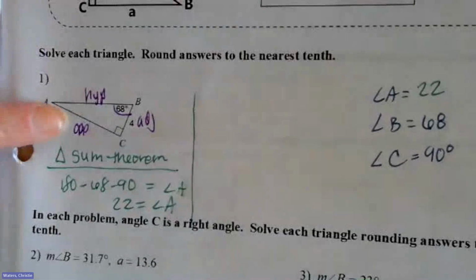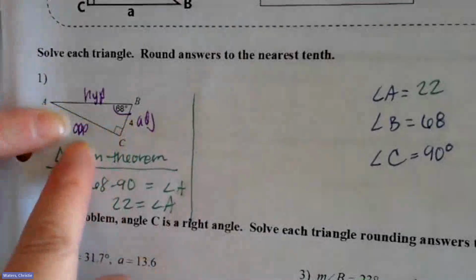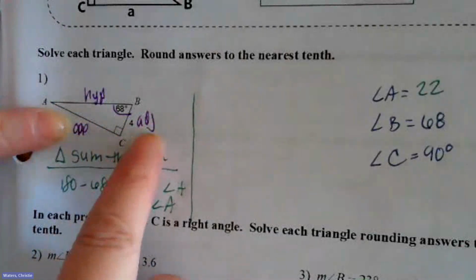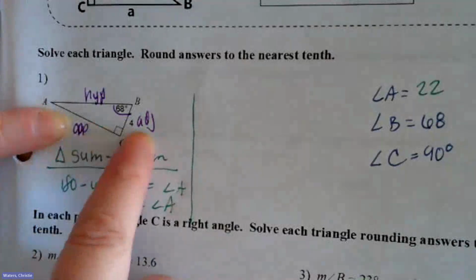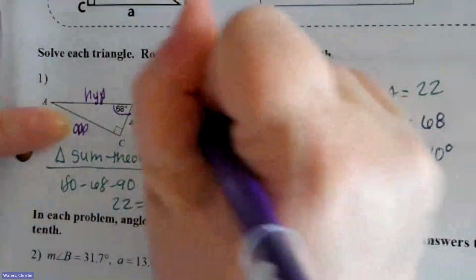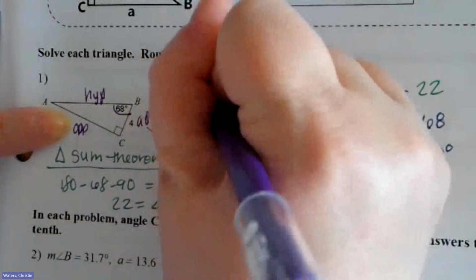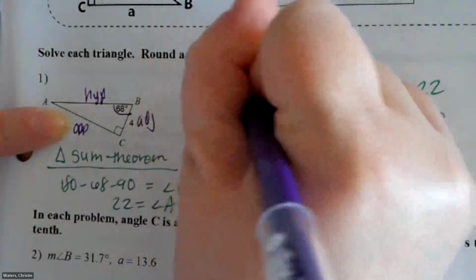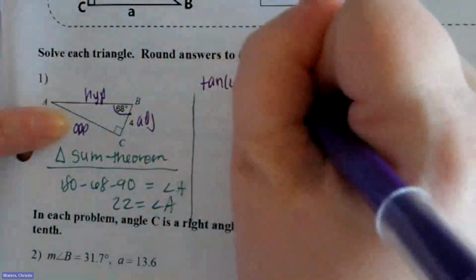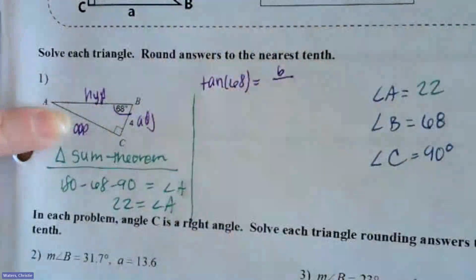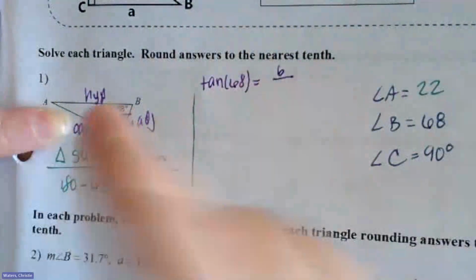I'm going to go ahead and find the opposite side. So I want to find the opposite side, but I already know the adjacent side. So opposite and adjacent is going to be tangent. So I'm going to set up my problem with tangent of 68 equals opposite. I'm just going to put the letter B for that because I don't know what it is, but when I'm done, I'll know what B equals, over 4.